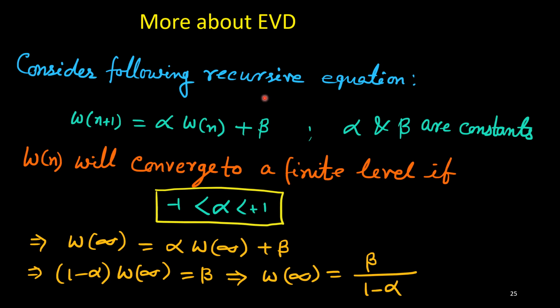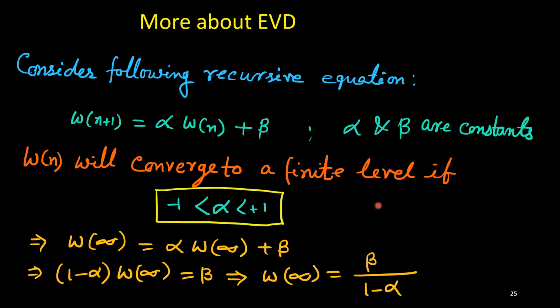So it implies that this recursive equation will converge with one condition only, that is with respect to alpha, not on beta. So alpha should be within minus 1 to plus 1, and beta can take any value, positive, negative, or any value.